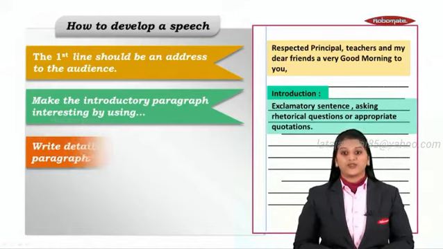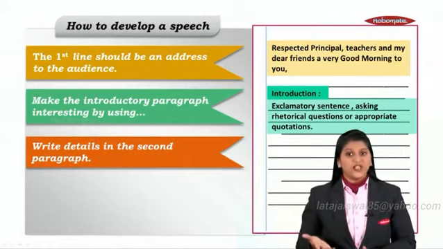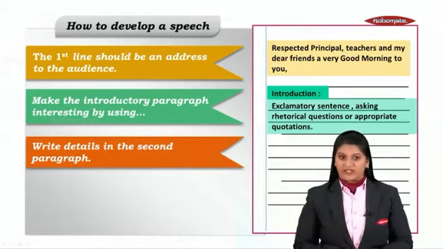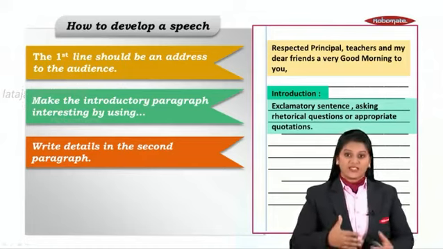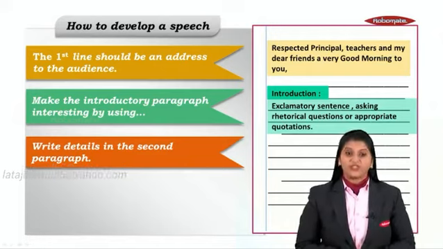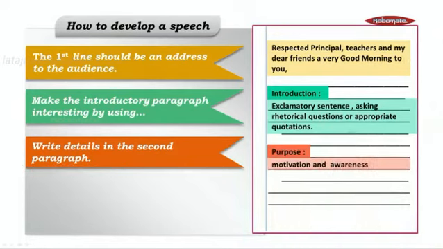Okay, now let's go to the next point. Write details in the second paragraph. This is by far the most important paragraph because that's the entire content of your speech. So, what should you do to make this part interesting? For this, you should understand what is the purpose of your speech.